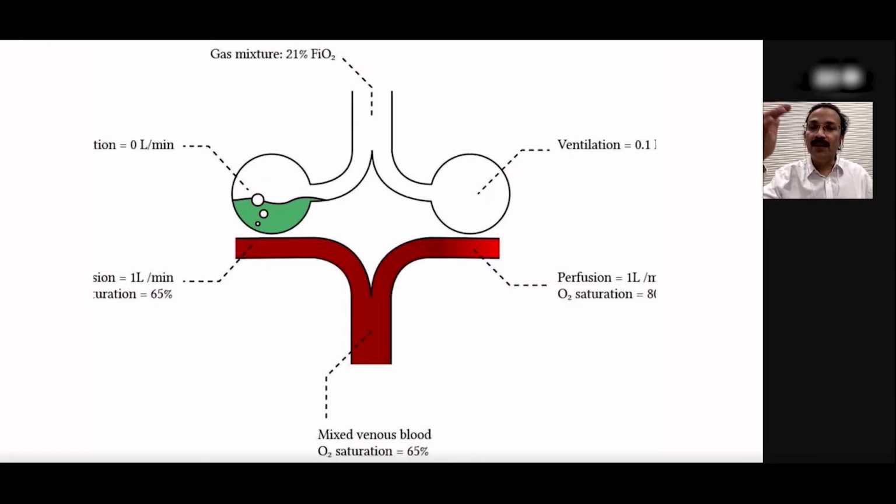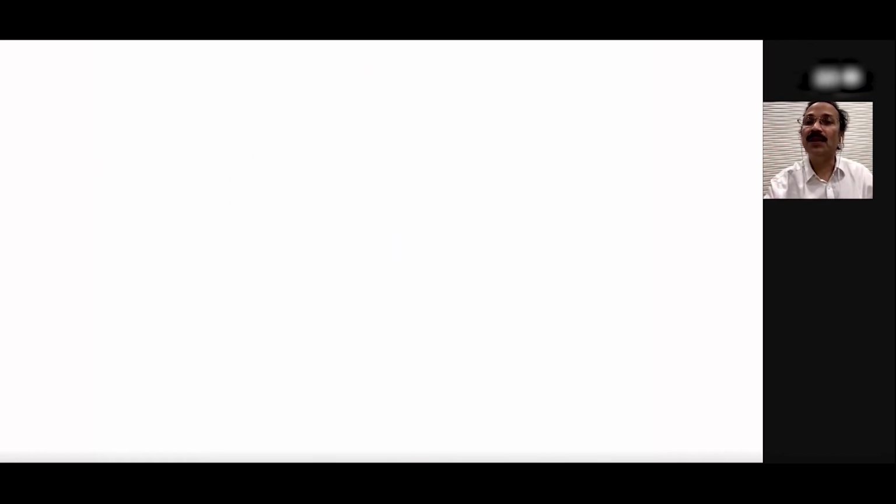From 91, it has dropped to 85, in the same patient after 4 days of treatment. Why is it happening? Because the VQ mismatch is worsening, meaning ventilation is reducing and perfusion is remaining normal. So the saturation is decreasing and the VQ mismatch is worsening.